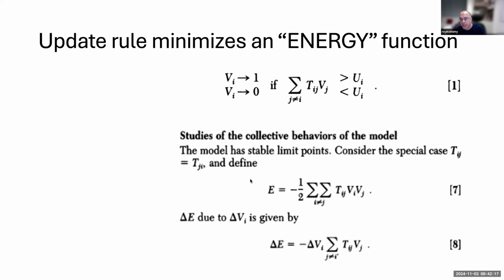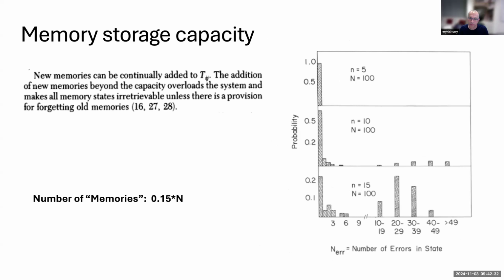If you define that energy function, then by definition, mathematically, the energy always goes down. So you have a fitness landscape on which the network goes, and that guarantees that it doesn't go in cycles, that it must converge to a stable solution.